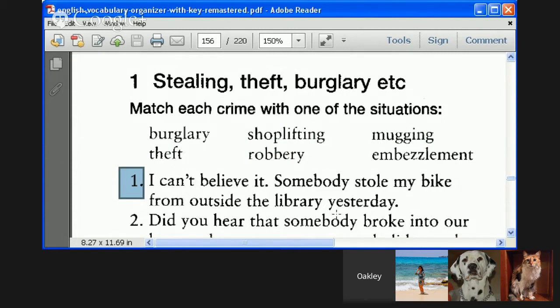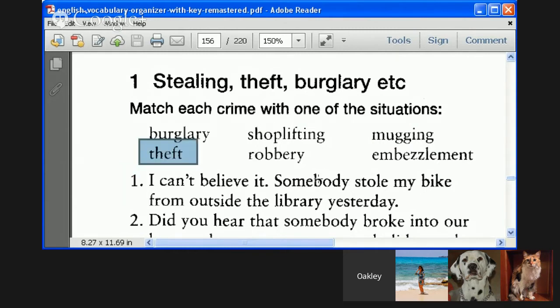I can't believe it. Somebody stole my bike from outside the library yesterday. I'm not sure if it's a robbery or a theft. Maybe it's a theft. I think theft would be the better answer here.